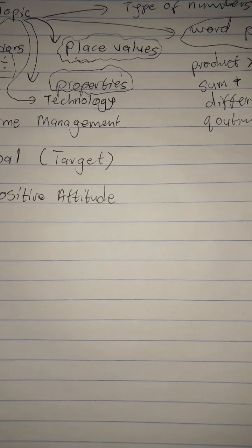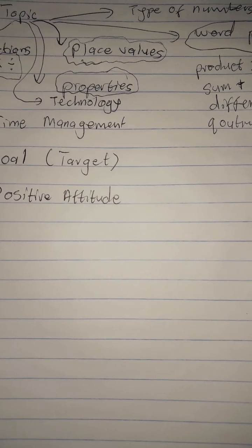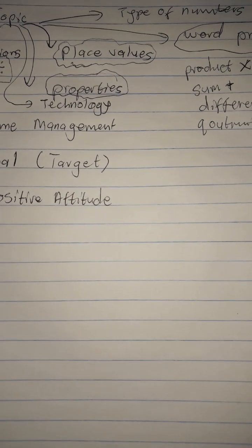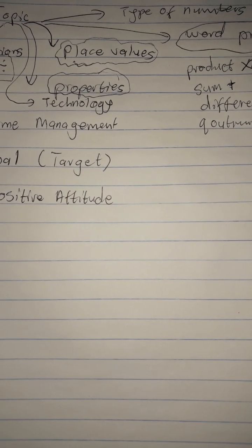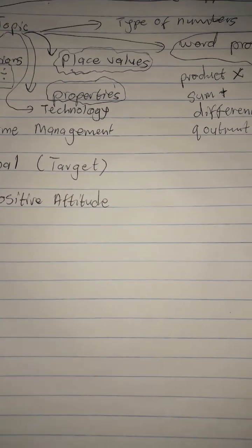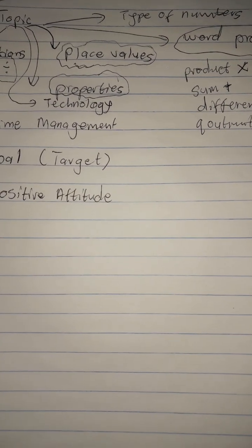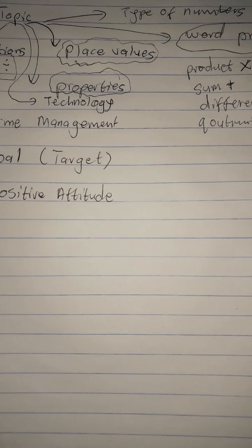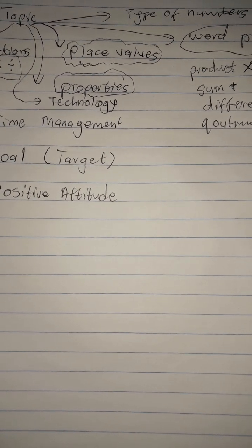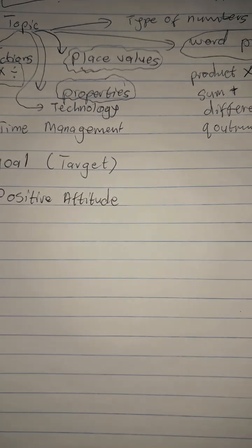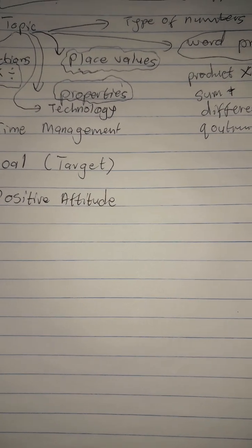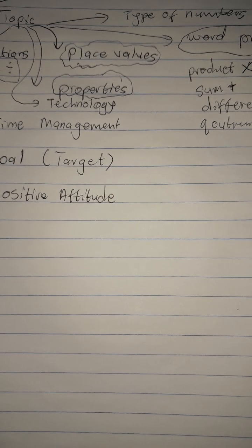Then lastly, under topic, they may ask you about the integration of technology. We all know that we live in a technological world, or the AI generation. We live in that generation where we apply technology in our learning. So most schools nowadays have integrated technology, especially schools in Model C, private schools.